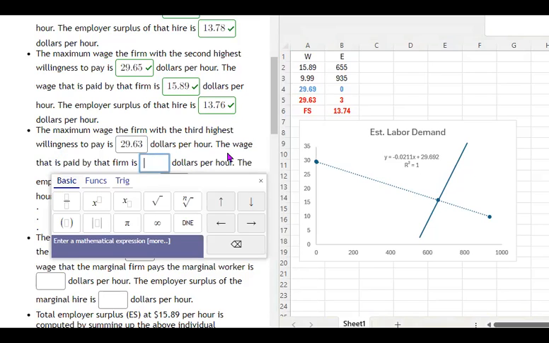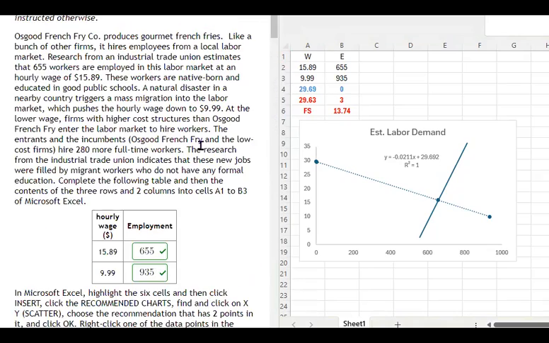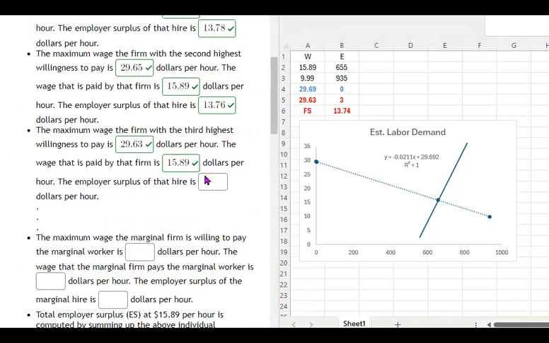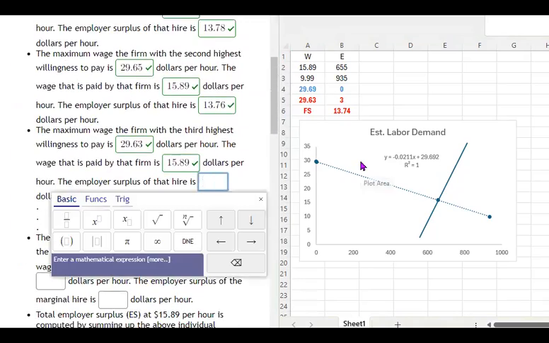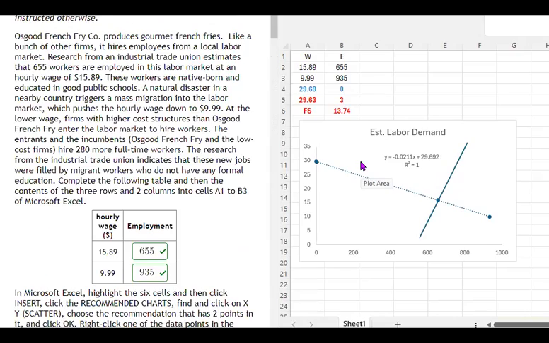And again, they only have to pay the market wage of $15.89. So the firms win in this transaction. The surplus is down to $13.74, because that willingness to pay has drifted a little bit. This person is judged to be the third most productive, so that valuation on this third employee is lower than the second and the first, resulting in a slightly lower employer surplus.